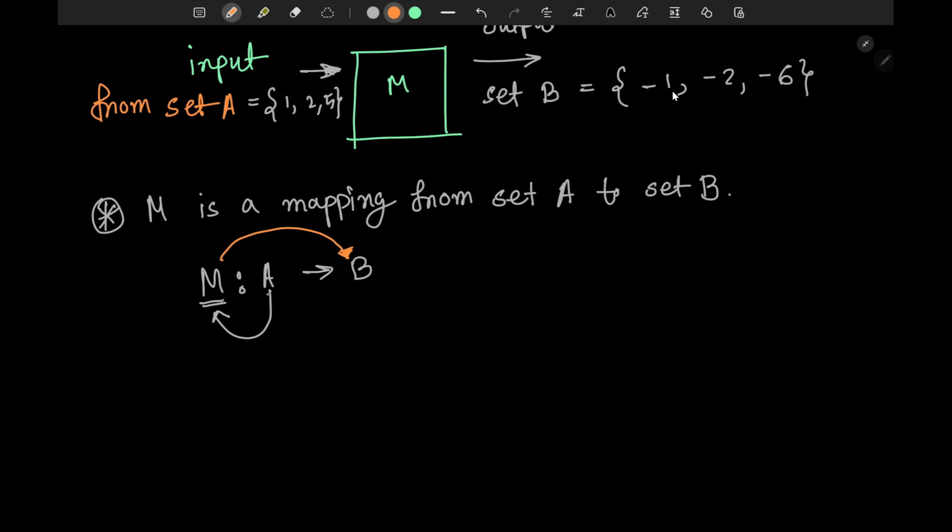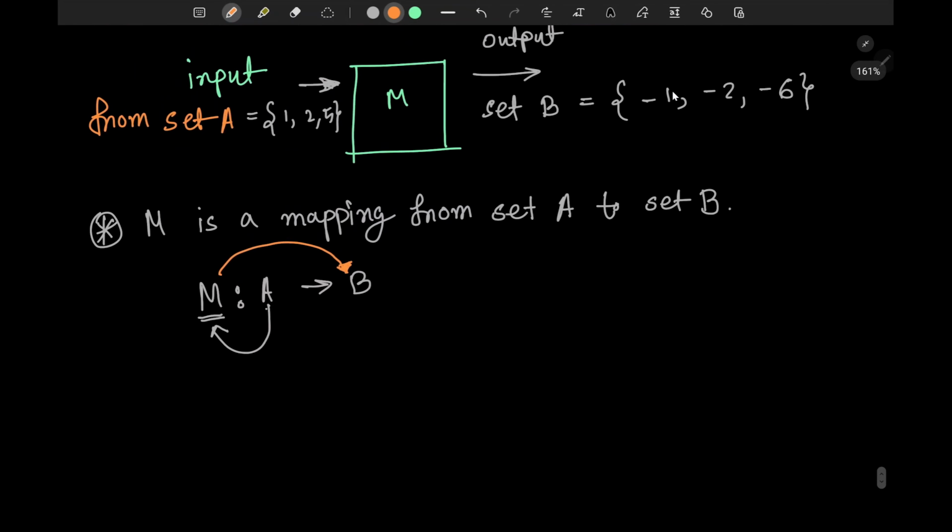They can be anything. Your A can be orange, and if M is a blender, from orange you get some orange juice. If it's a meat grinder, you put in some meat, and then you get lean meat or sausages and whatever. So these are all mappings, okay?